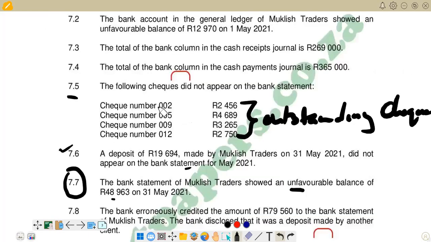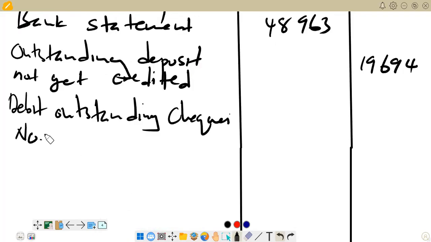We have the first one is check number 002, and the amount is 2,456. And then the second one is check number 005, the amount 4,689. So the first one you are saying it's 002, and the amount is 2,456.